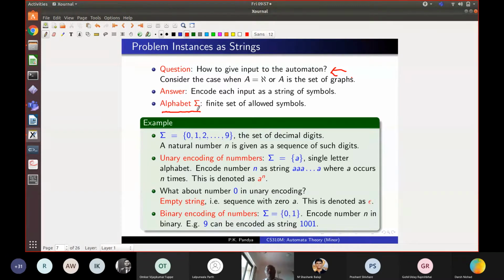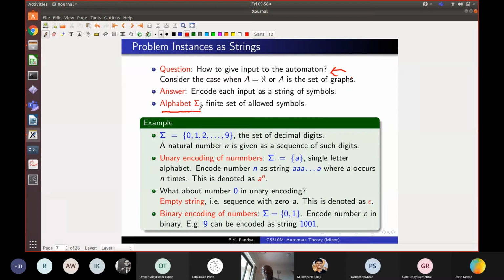For example, we can encode the problem as a text file where each character is drawn from Unicode. There is this standard set of alphabets called Unicode, and it includes Hindi characters and English characters and Greek and everything. Or you can use ASCII, which contains only the English alphabets and some printable characters, symbols like comma, equal to, etc. We can encode our problem in that, right?